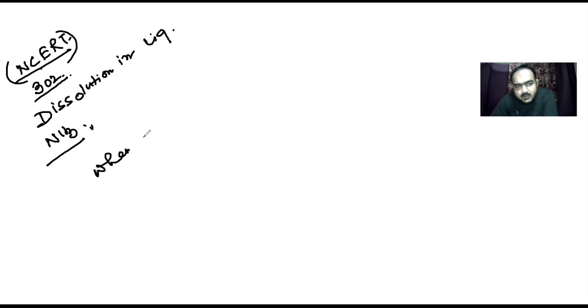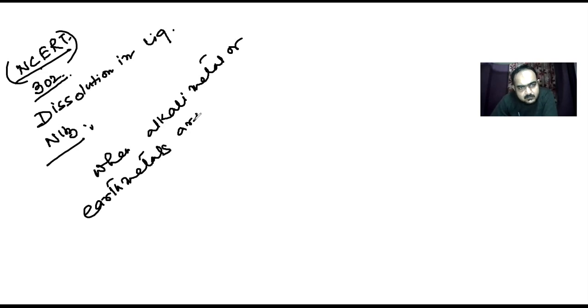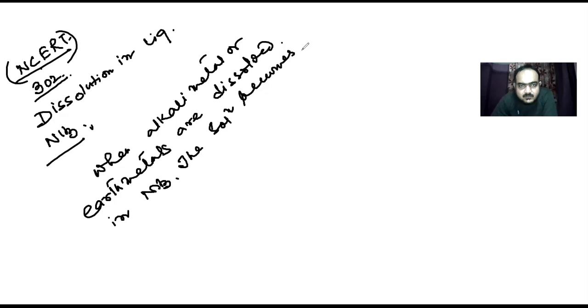When alkali metals or alkaline earth metals are dissolved in ammonia, the solution becomes blue. Why does this become blue?